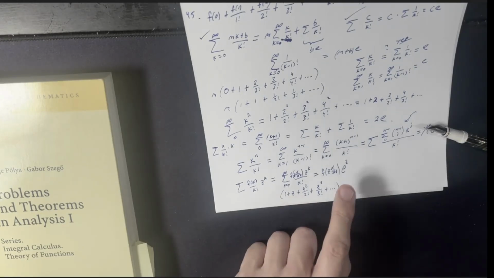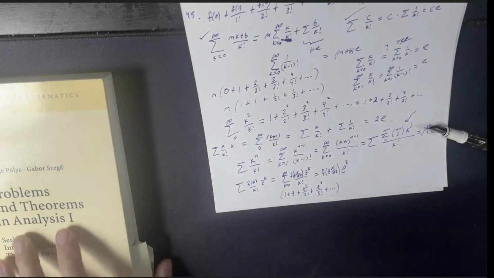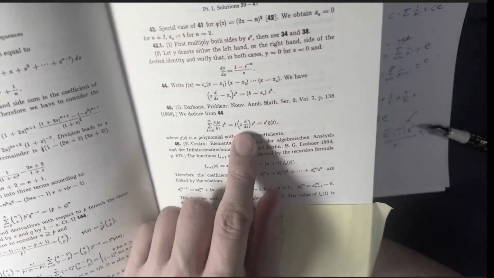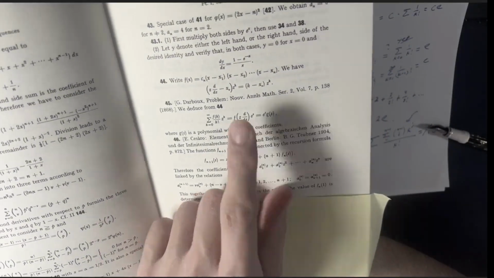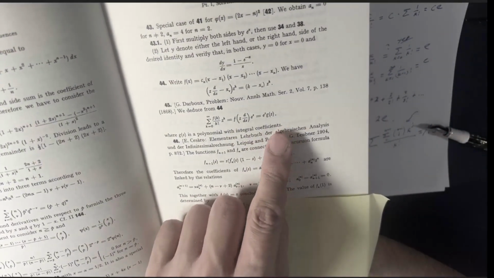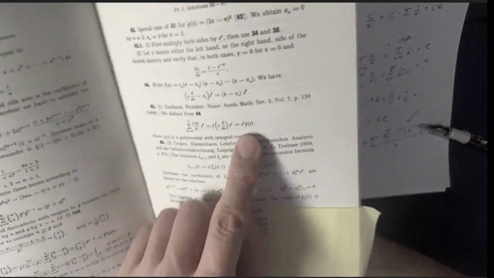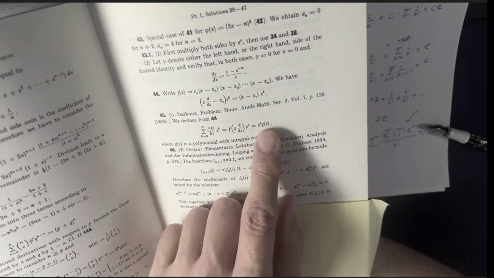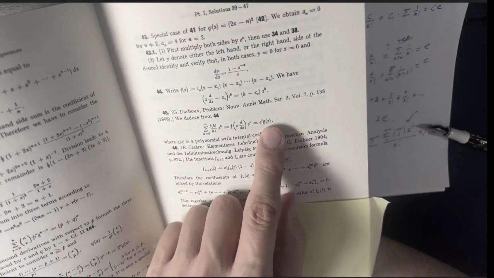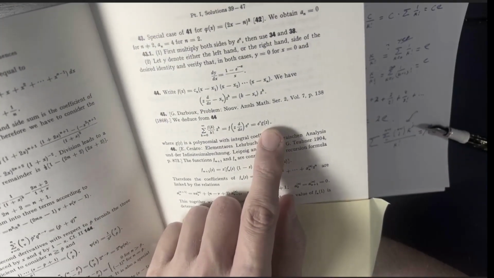I'm still not quite seeing it. But his last comment was just that it gives you an integral multiple. Yeah, it's this. And he doesn't do the details out. He just observes that you're multiplying by some polynomial with integral coefficients.